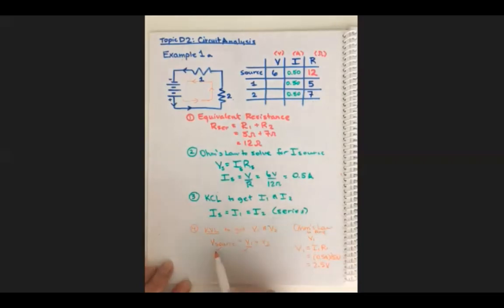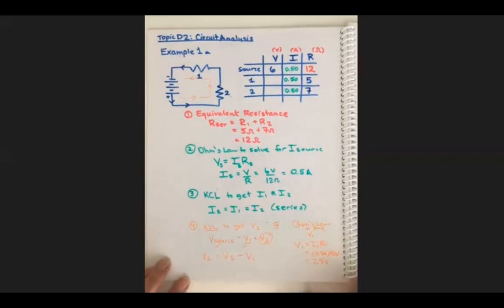So now we have 2 out of the 3, and we can solve for V2. So now this is actually just solving for my V2. So in this last step, we're using Ohm's law and KVL to find the last two. V2 equals V source minus V1. So if this is what we're solving for, you rearrange to solve for that.